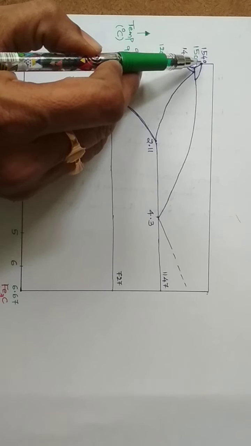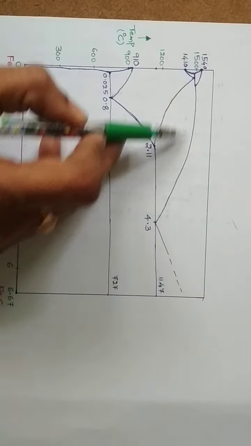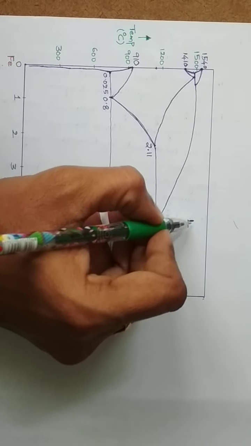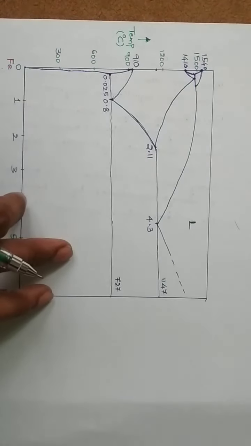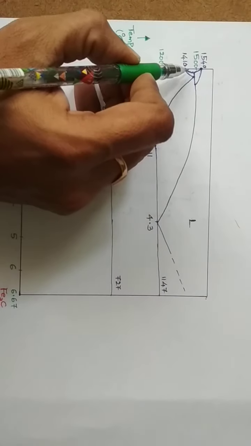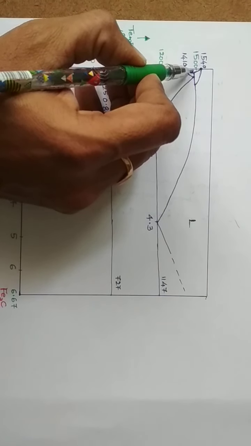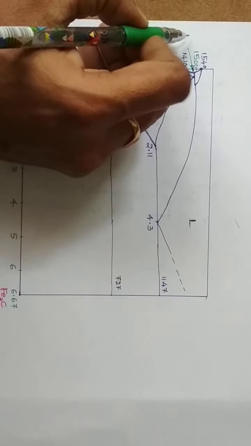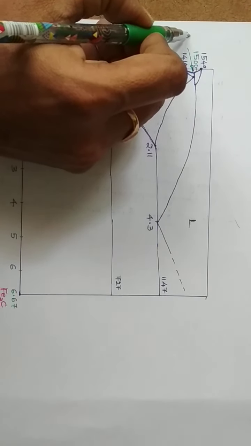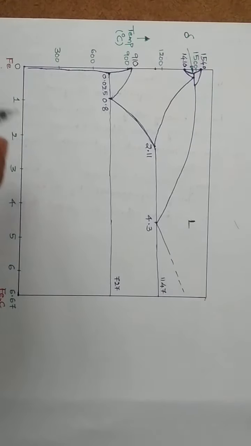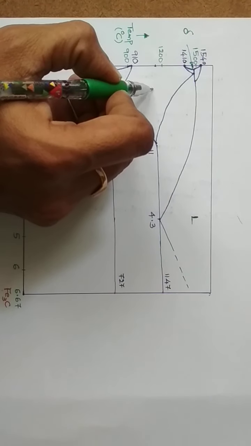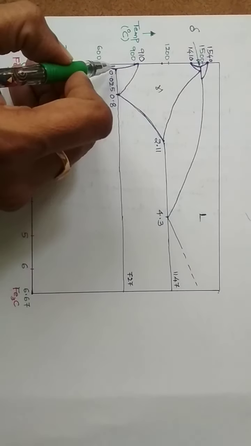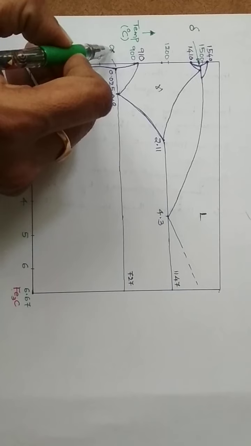Above 1540 iron will exist in the liquid state, so the phase existing here is liquid, L. In this small region we have delta iron, in this region we have gamma iron, and here we have alpha iron.